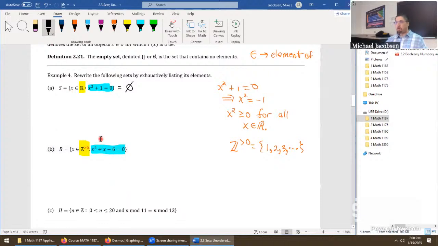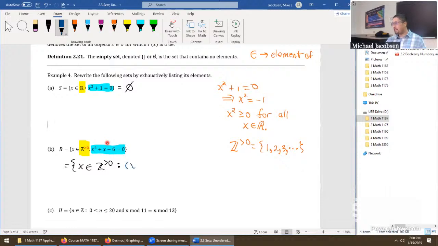This is a set B, but we can start writing out equality and say that this is all x in Z containing the positive integers such that, in blue, we can do an operation on this. It's an ordinary algebraic expression inside the set. So anything you could do legally in algebra, we can do right here.